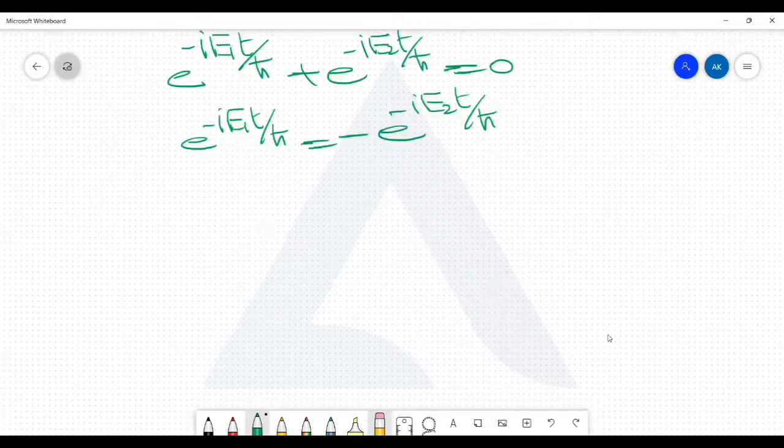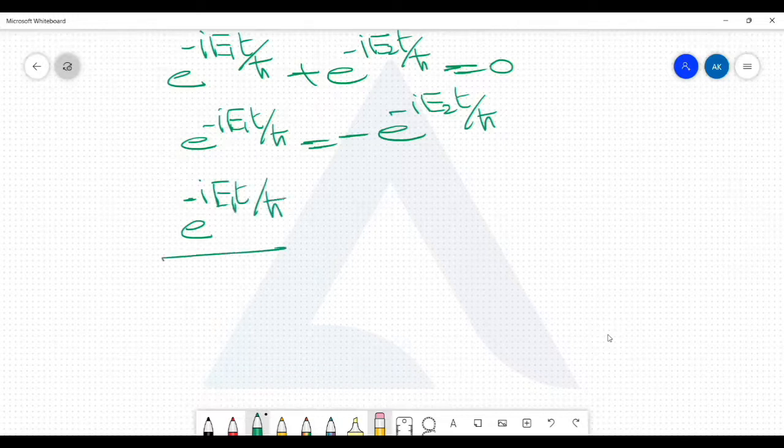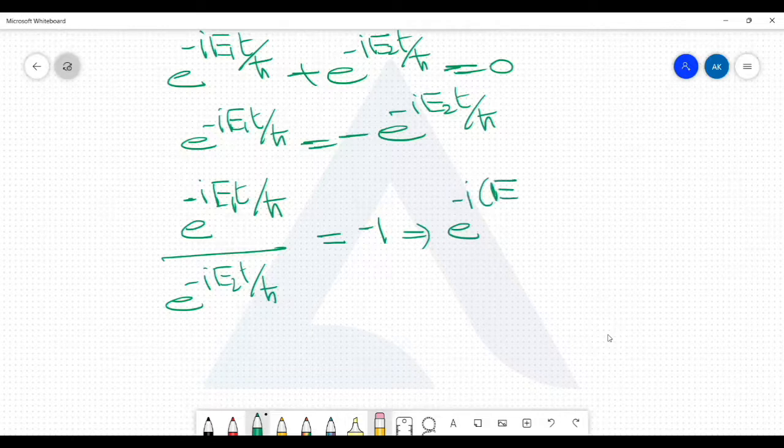Okay. Let me rearrange it. If I take this term, e raised to minus i E1 t by h cross divided by e raised to minus i E2 t by h cross, that is equal to minus 1. That is e raised to minus i, if I bring it up that becomes plus, right? So e raised to minus i (E1 minus E2) t by h cross equals minus 1. Am I correct? Yes. Minus 1 is nothing but e raised to minus i pi.